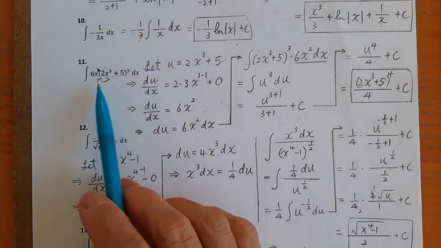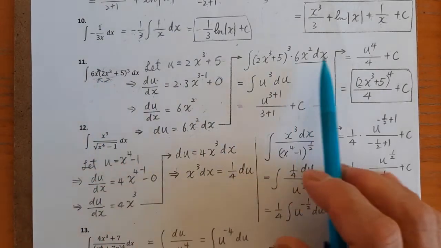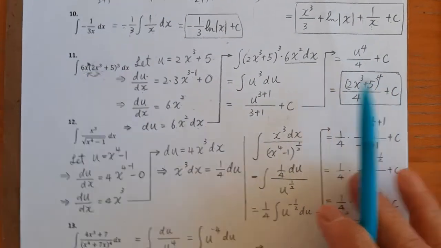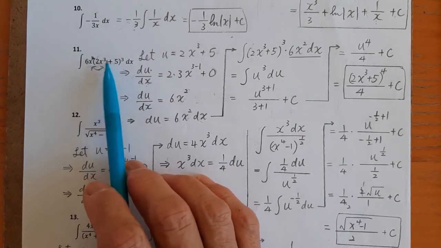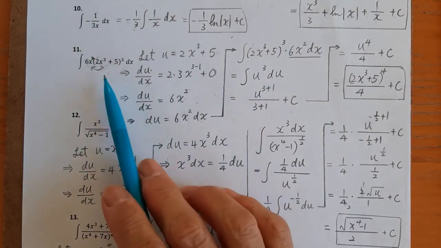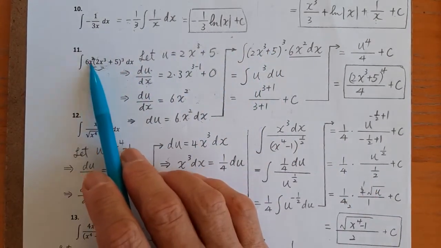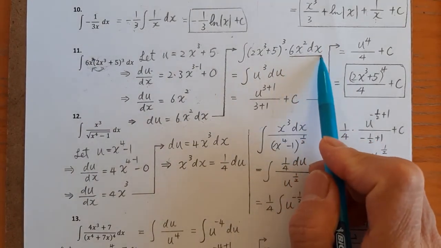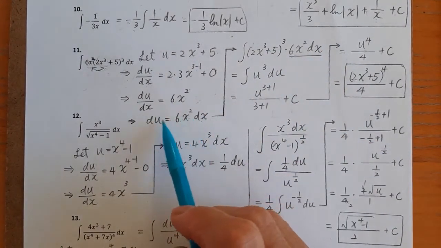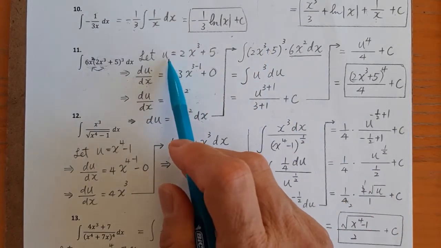In the original problem, you can see how to substitute, because by the commutative property of multiplication, you can change the order. So put this cube first, then 6x squared dx. 6x squared dx is substituted by du, and 2x cubed plus 5 is substituted by u.